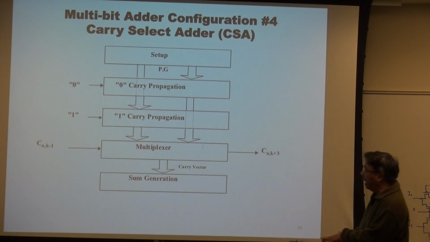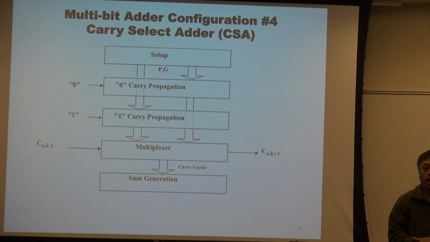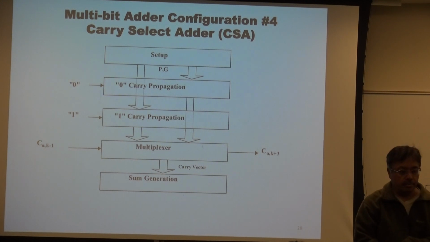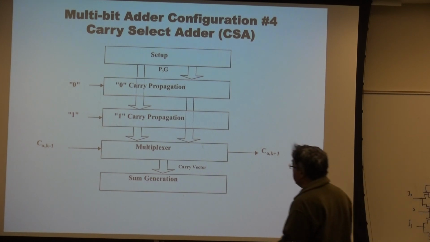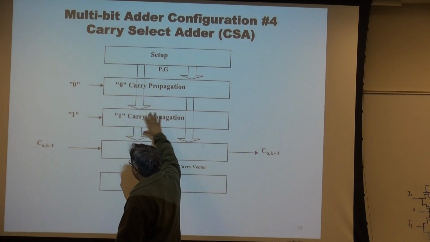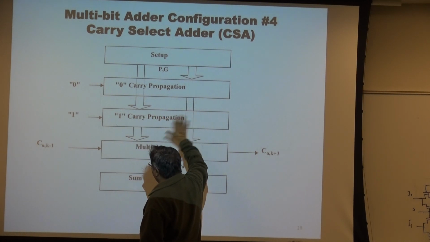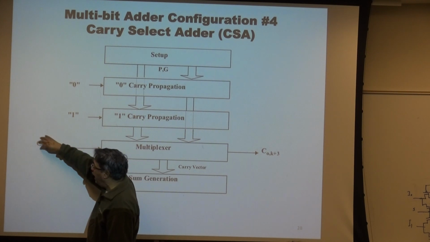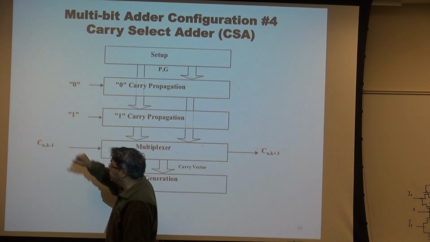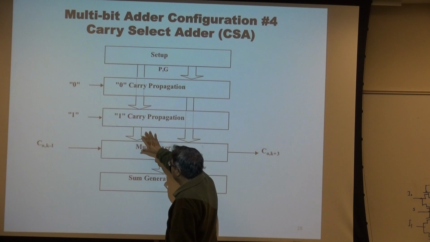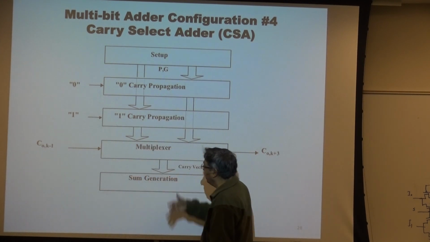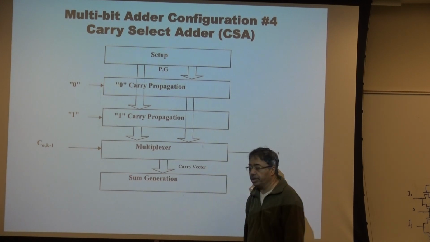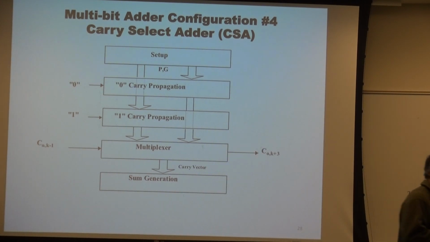So now I'm using some sort of temporal parallelism of carry generation, assuming the input carry is 0 and 1, and I'm setting up the output values. As soon as this carry comes from another stage, a little later, I select one of these depending on its value, and that is used for the sum generation. So this is the concept.